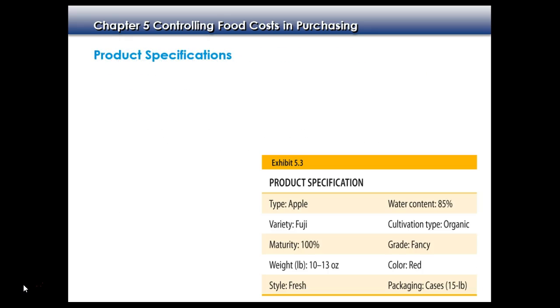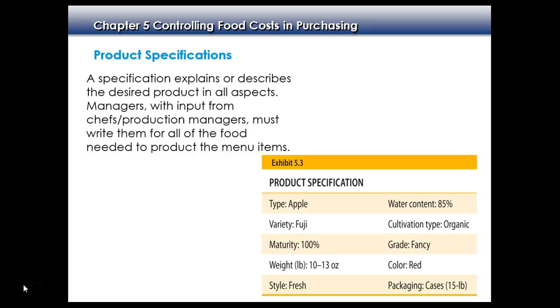Now, product specifications. They do have this one example in the book. It's really great if you're looking at apples, but it needs to describe it in all aspects. Managers need to get input from chefs and also production managers to write down all of the food needed to produce the menu items.